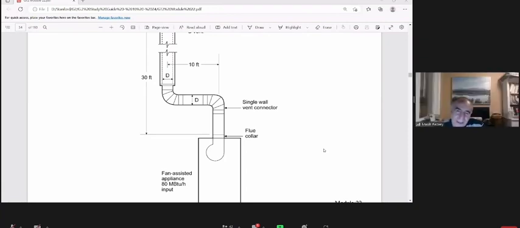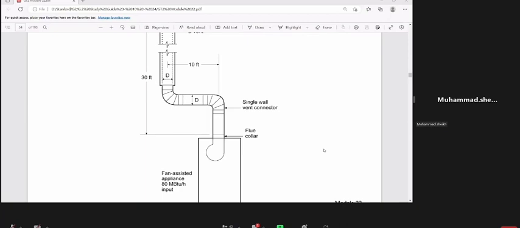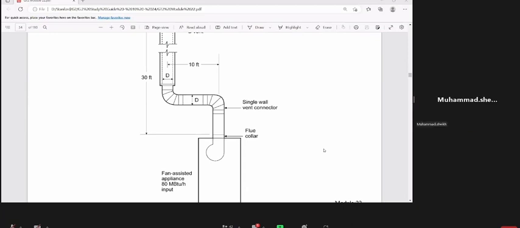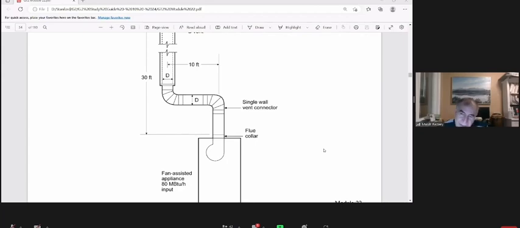On the capacity of high altitude, sometimes we have fan assisted between min and max, or you have those types of furnace with modulating min and max. So if you are on the highest level, you should use the minimum. And if you are on the sea level, you should use the maximum.